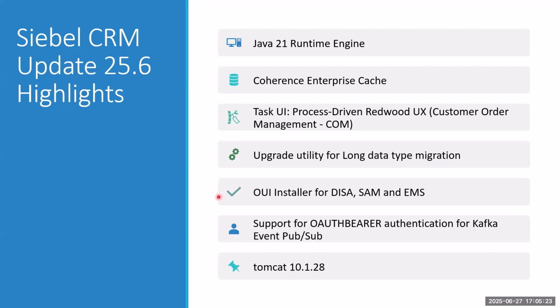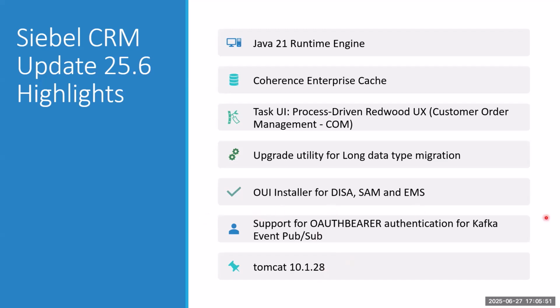Those Java-based utilities get a new Oracle Universal Installer. And there's a little bit of authentication update on Apache Kafka. You can use OAuth Bearer now. And Tomcat goes up to 10 as related to the Java 21 update. So now Tomcat 10 is in charge of your application containers.